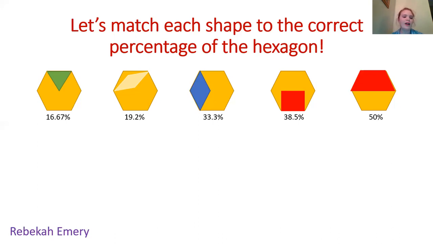So I can see that I can fit about 6 green triangles in the first one. So I would multiply 16.67 times 6 to get 100%. I can see that I can fit about 3 blue rhombuses in the third one, at 33.3 times 3 to get 100.